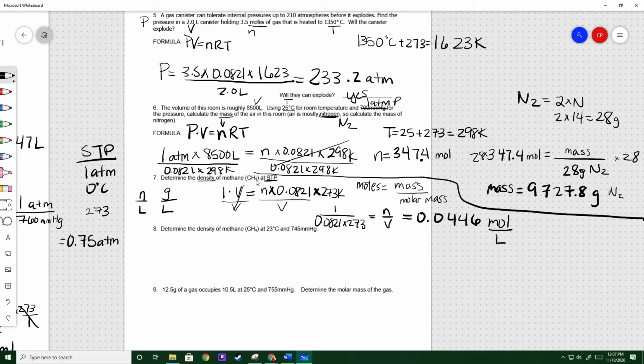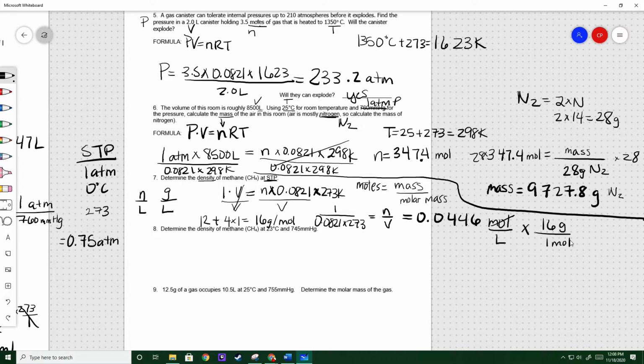So this is CH4. Carbon's mass is 12, and hydrogen, there's 4 of them, would be 4 times 1. So in total it would be 16. So the molar mass of CH4 is 16, and that means 16 grams per mole. So I would use my conversion and multiply it by the 16 grams for 1 mole.